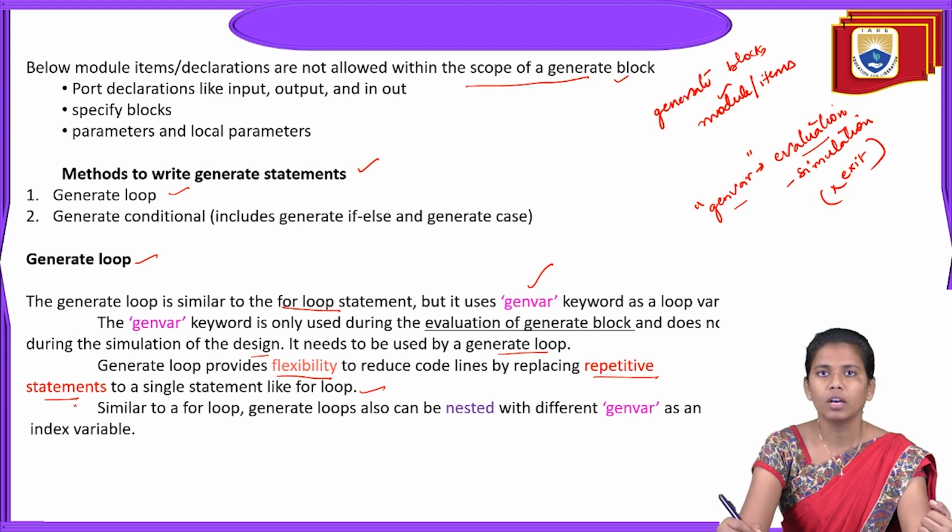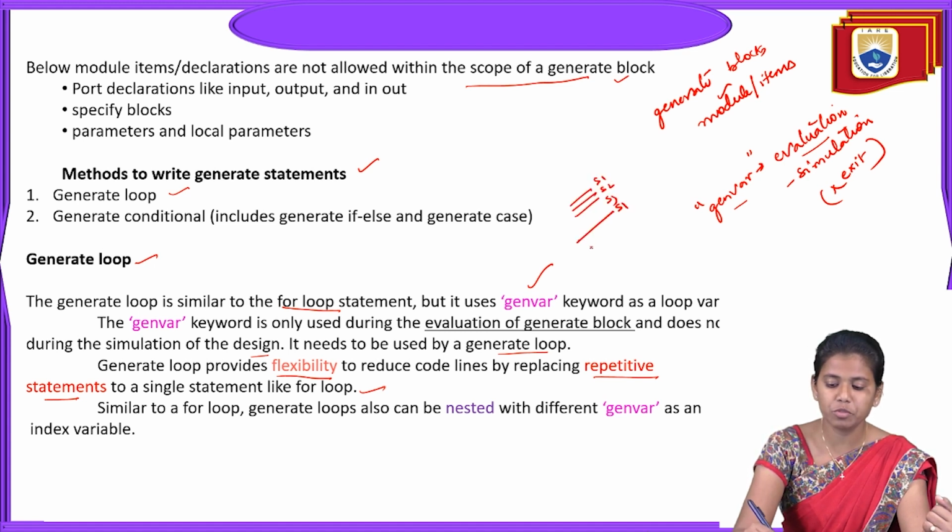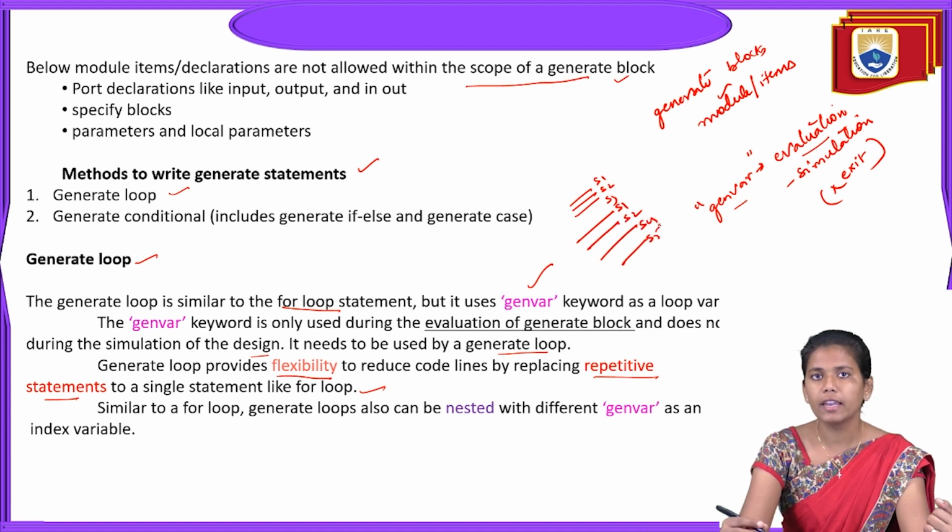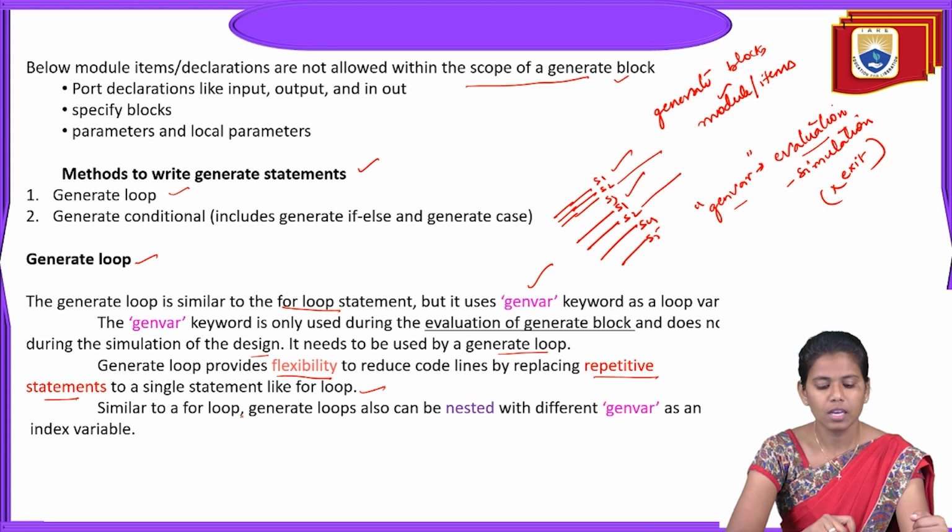Sometimes we observe repetitive statements S1, S2, S3, and sometimes S1, S2, S4, S5 like this. Among these statements, we see that S1 is repetitive and S2 is repetitive as well. So what the generate loop does, as it is flexible, is reduce the repetitive statements.